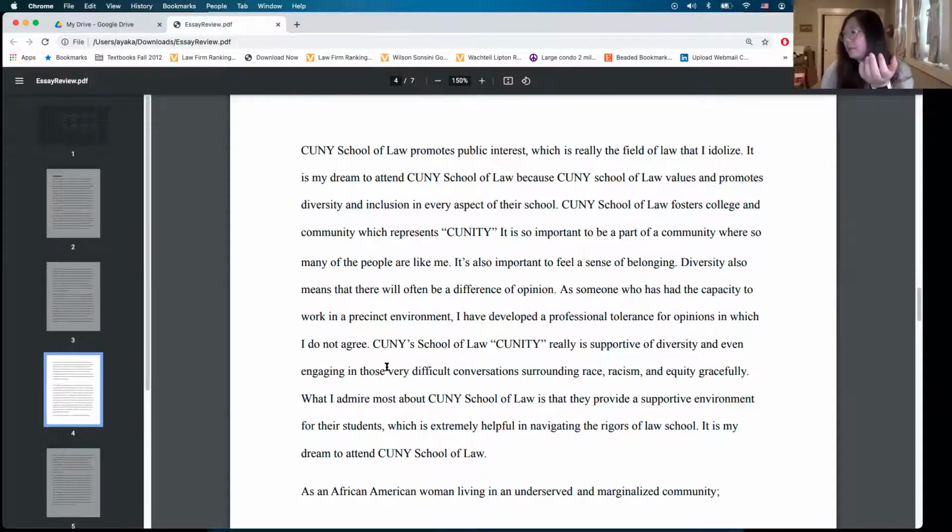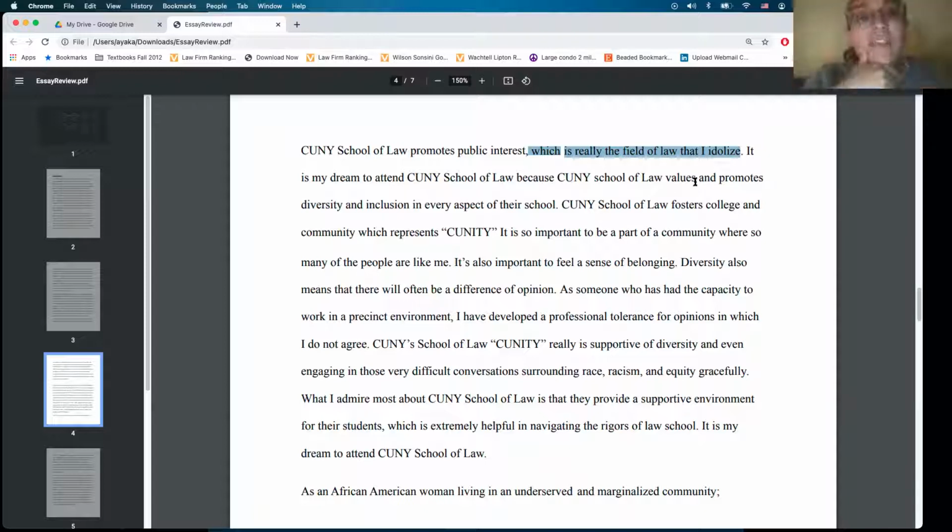The school name came up six or seven times in one paragraph. That's a lot, number one. It gets into a little bit of word choice, but this just sounds like brown nosing, to be honest.